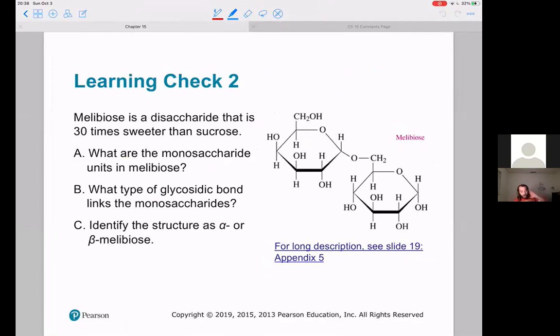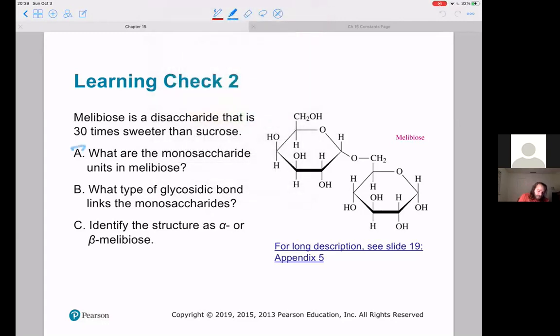All right, so now given this new disaccharide that we've never seen before, we want to figure out what the units are. We want to figure out what type of glycosidic bond it forms, and then we're going to identify whether we have the alpha or the beta structure of, what is this, melibiose? I don't know. Okay.